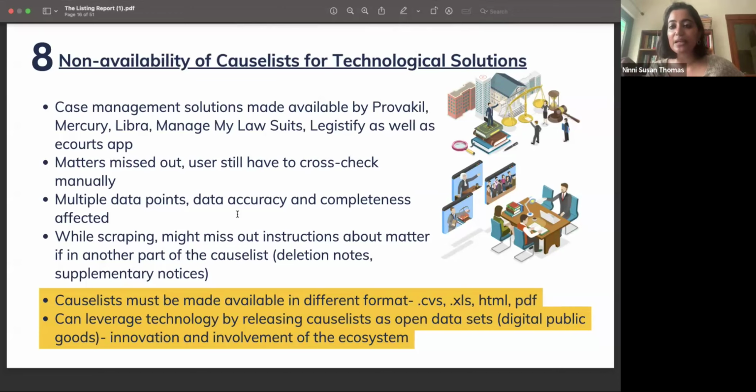Like if there's a specific instruction given by the court, or a notice that is not part of the cause list but part of the website, they will not pick it up. So you still have to go through the cause list yourself every day manually and see if anything has been missed out. All of these are things that can be fixed by the court by bringing in better design and better thought into how information is placed throughout the website.